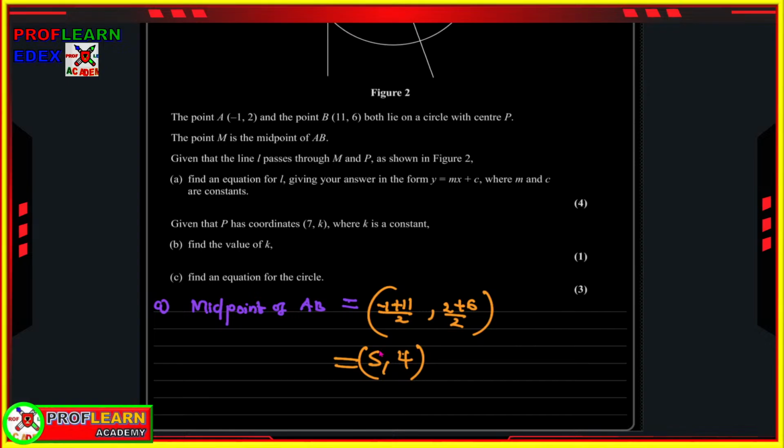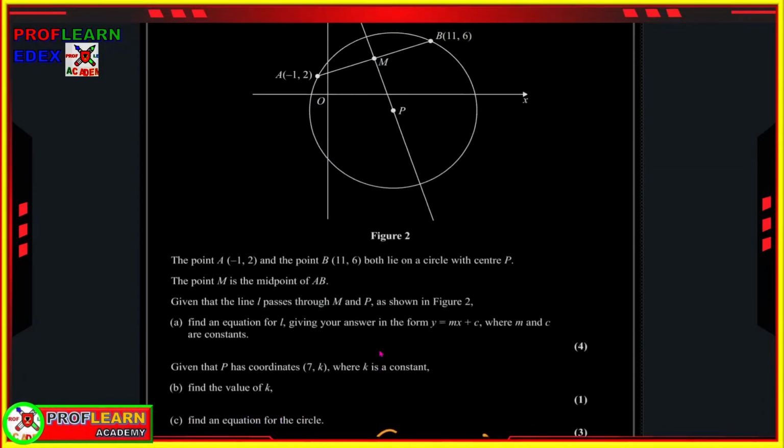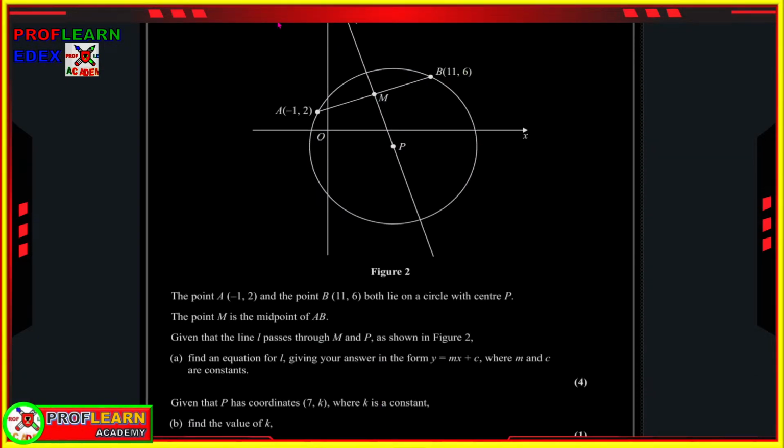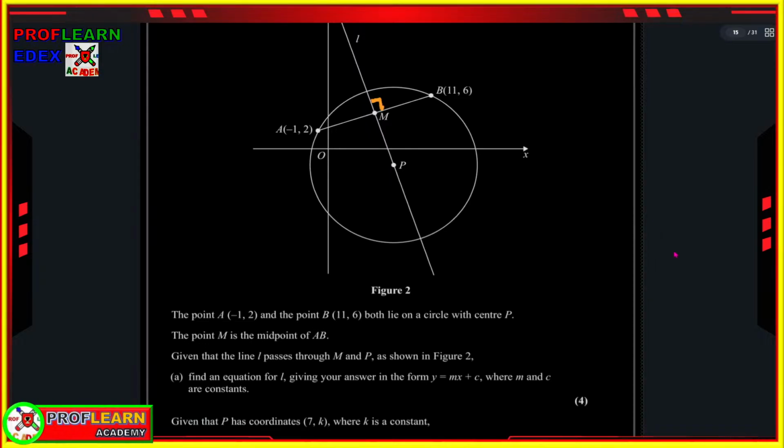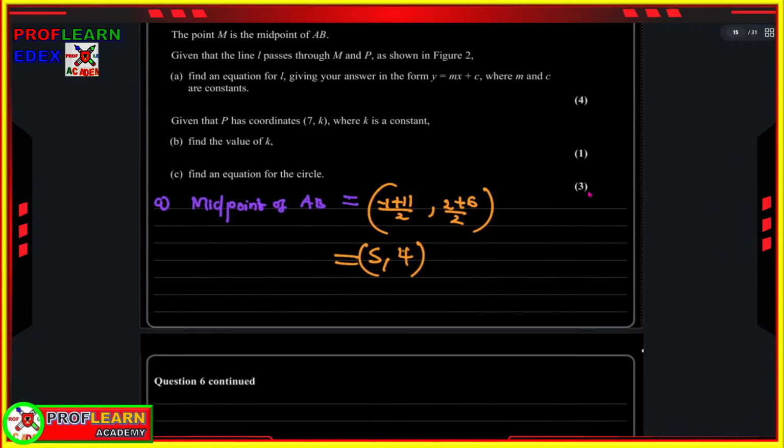we find the equation of L, and something that we need to remember, L is the perpendicular bisector of AB. So which will mean we need to find the gradient of AB.